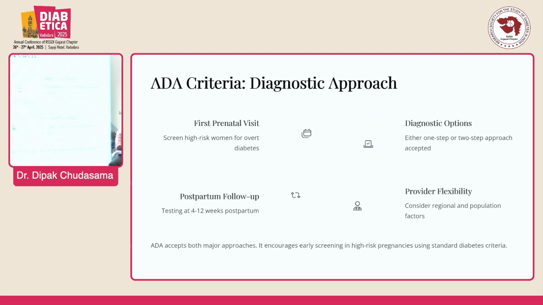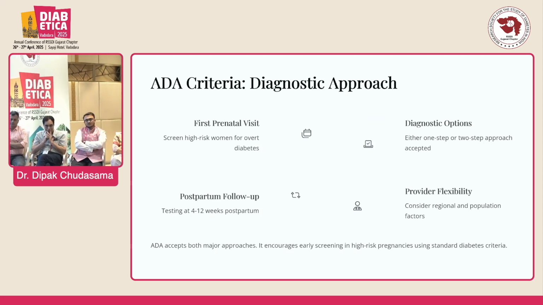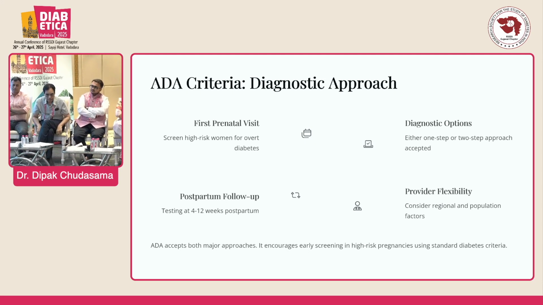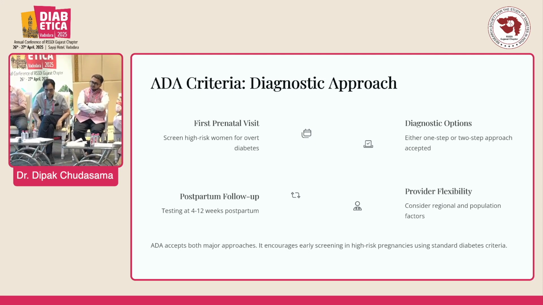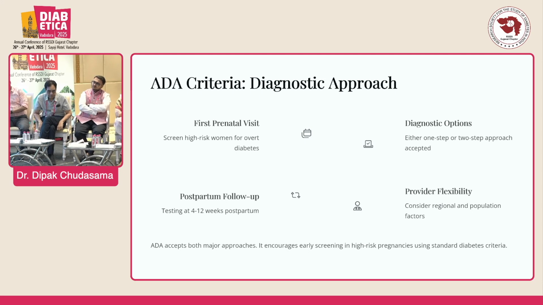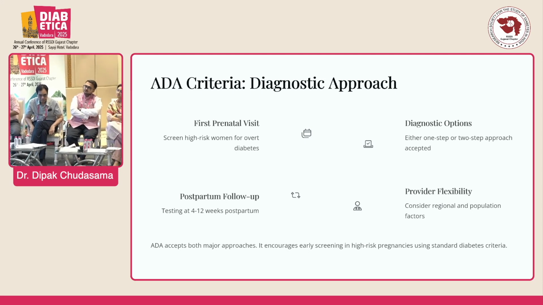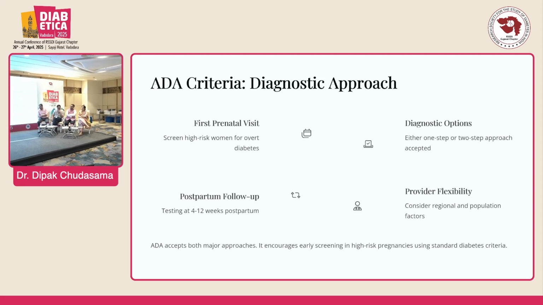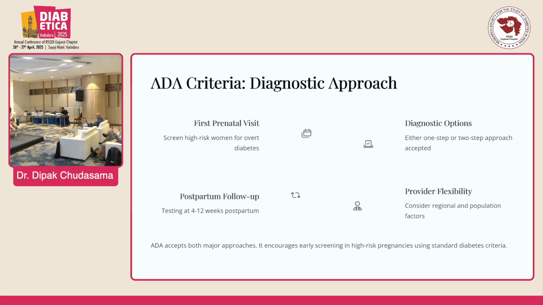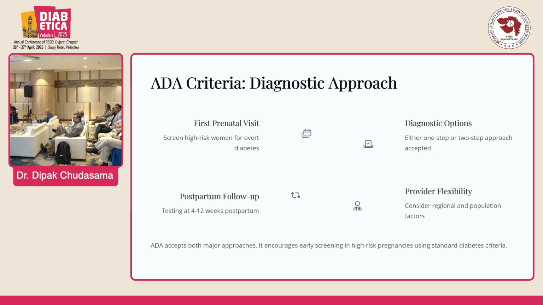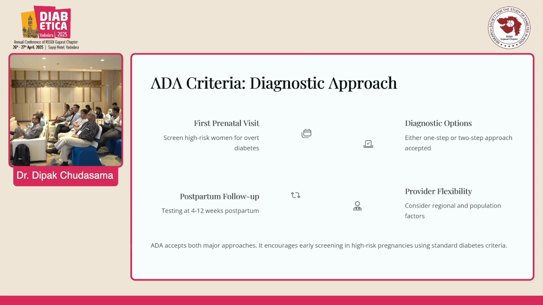ADA criteria for the diagnostic approach. First, at the pre-antenatal visit, screen high-risk women for overt diabetes, where diabetes already exists in a woman who has a pregnancy, like in the first trimester itself. Then diagnostic options: either a one-step or two-step approach is acceptable in the ADA criteria.